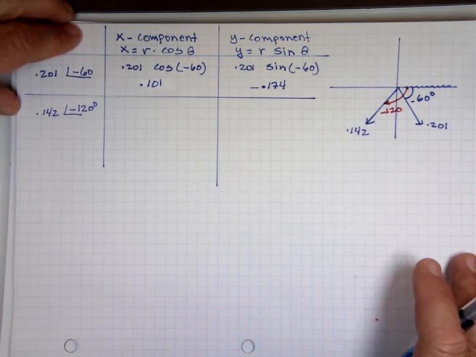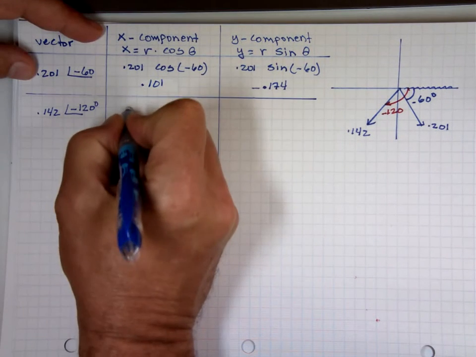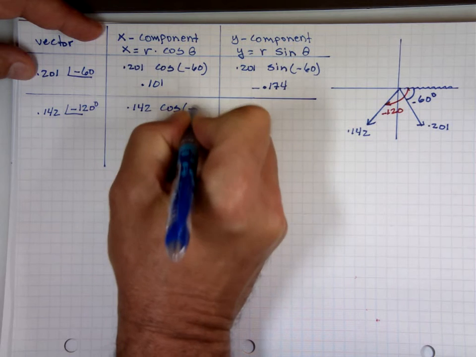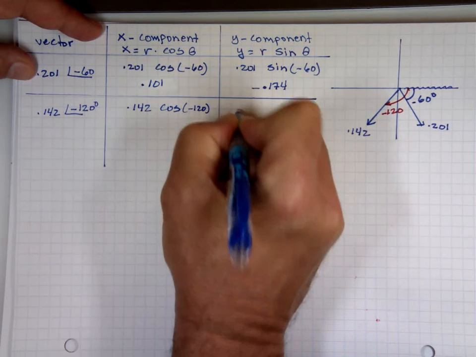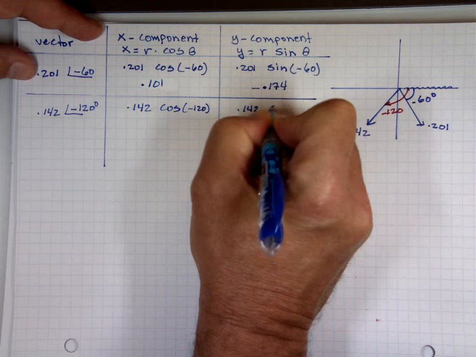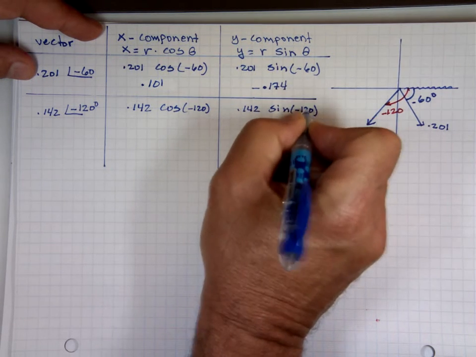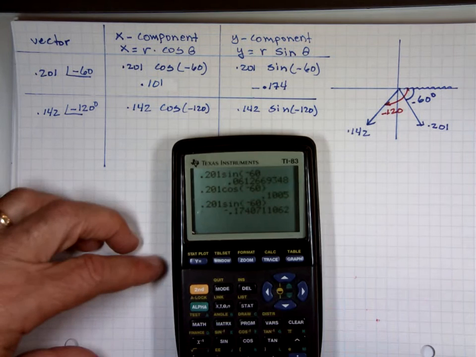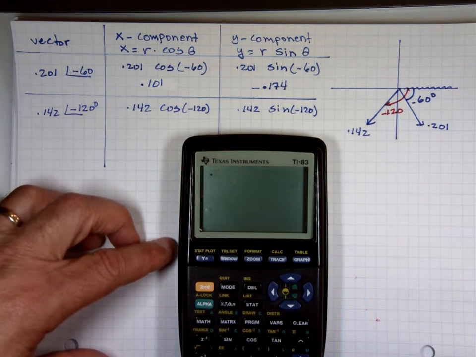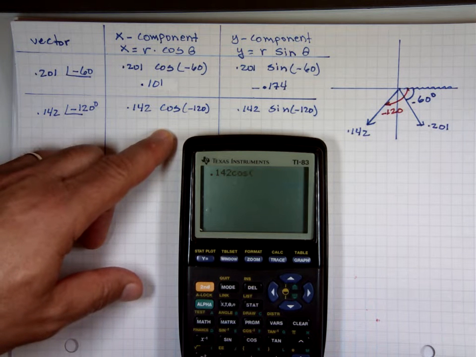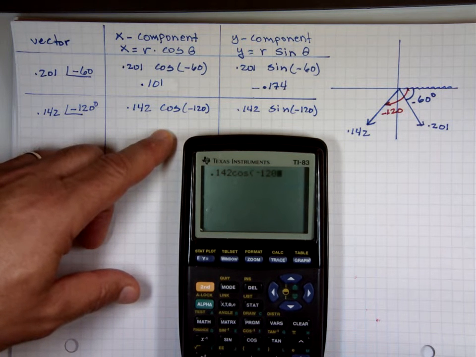So this is 0.142 cosine negative 120, 0.142 sine negative 120. 0.142 cosine negative 120, negative 0.071.